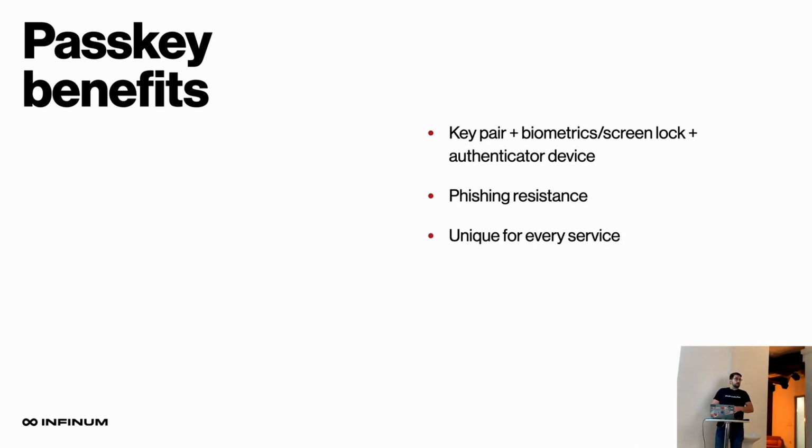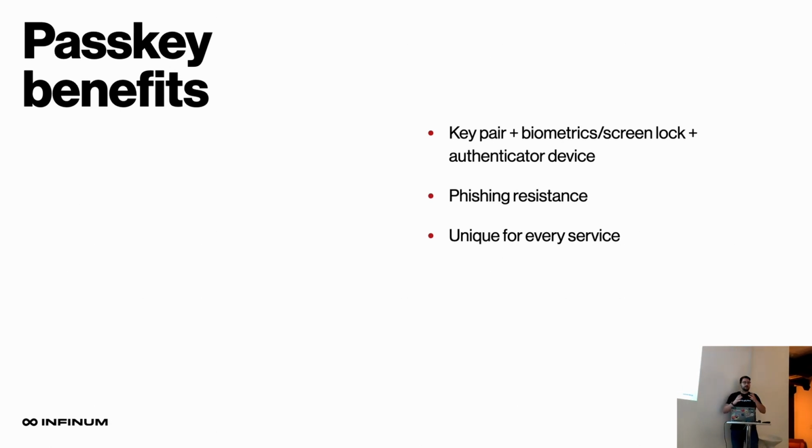Then it's unique for every service. Each time you create an account for something, a new passkey is automatically generated. There is no chance in hell that you're going to have an old passkey that you use for Facebook get reused for Instagram, or, okay, maybe not Instagram because it's the same company, but conceptually, yes.